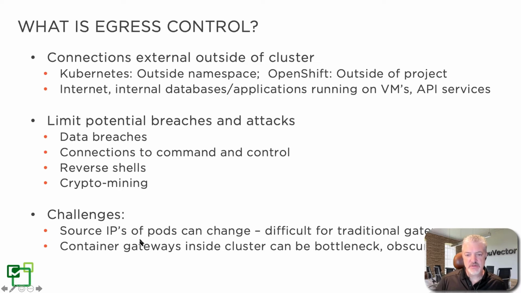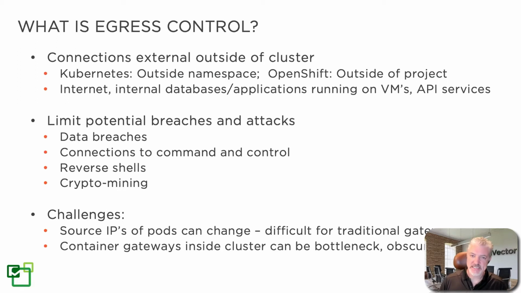The challenges for egress control run parallel with the challenges of Kubernetes networking entirely. The source IPs of pods can and do change. In fact, we have even seen IPs being reused, where you're in a cloud environment and they're cycling through IP addresses within a particular range, and the same IP address comes up 2 months from now.